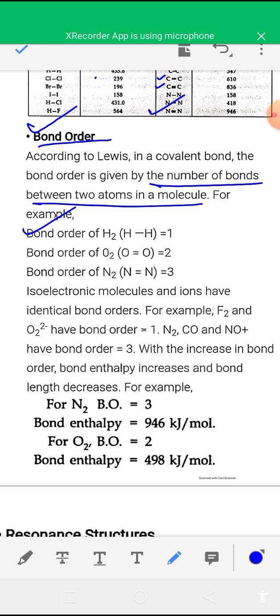In an oxygen molecule, a double covalent bond is present between two oxygen atoms, so bond order is 2. In a nitrogen molecule, bond order is 3, because a triple covalent bond is present between two nitrogen atoms.